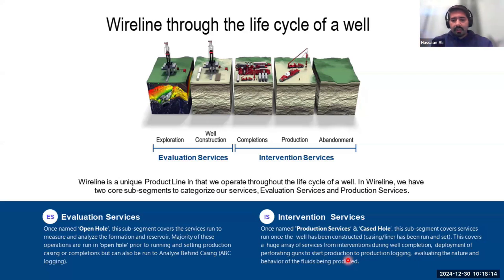They are shot, creating different types of holes on the production tubing so that we can actually produce. And also for production surveys, the intervention services can determine how much production you are getting from the well as well.